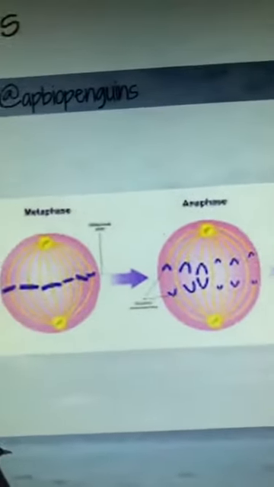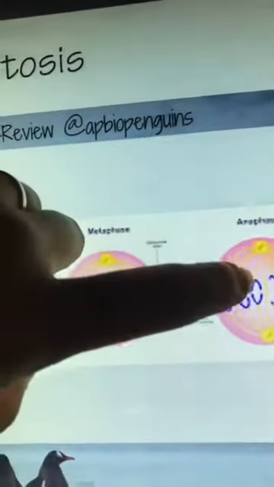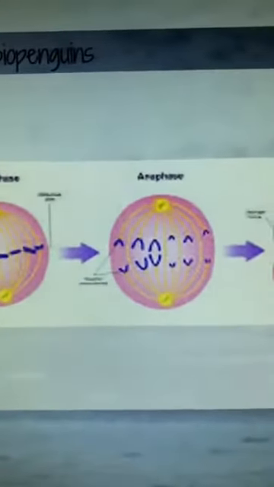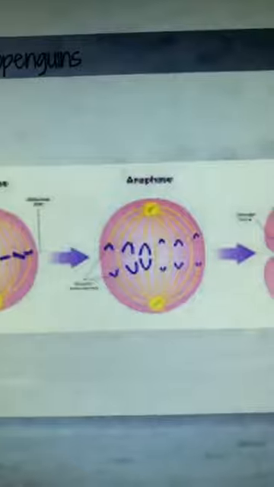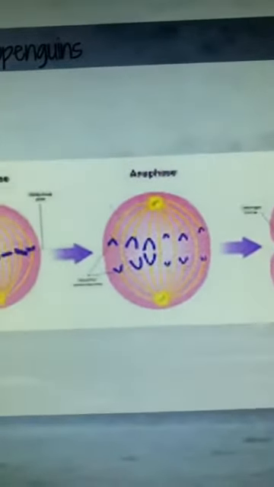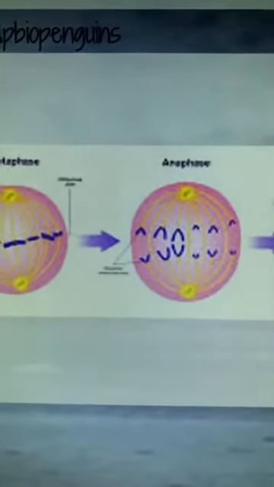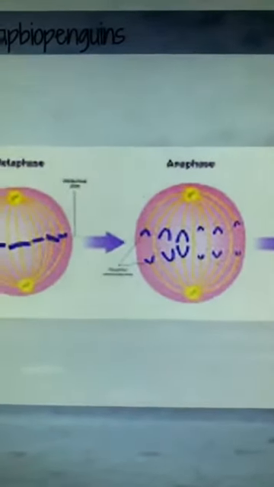Anaphase has to do with the fact that now we pull those sister chromatids apart. We're going to break that bond in the centromere that's holding the two sister chromatids together. It's a cohesin protein. We'll break that, which will then allow my sister chromatids to move apart from one another.